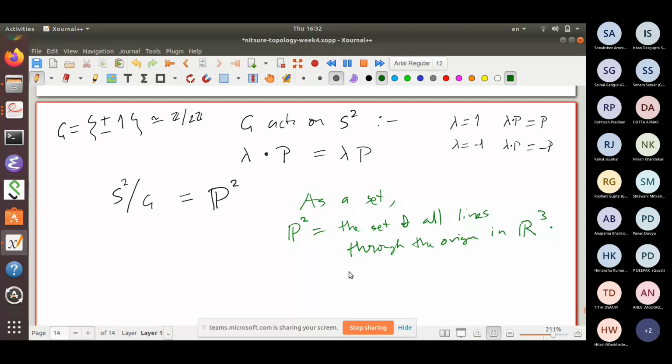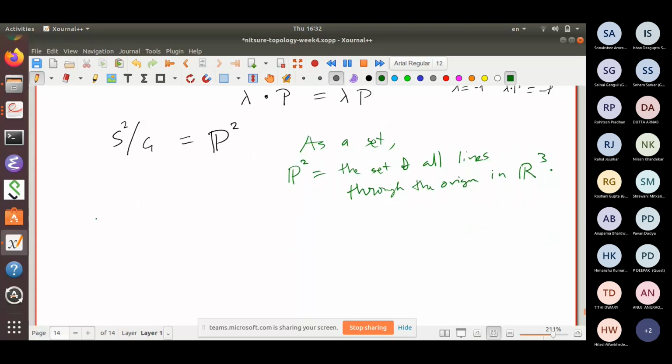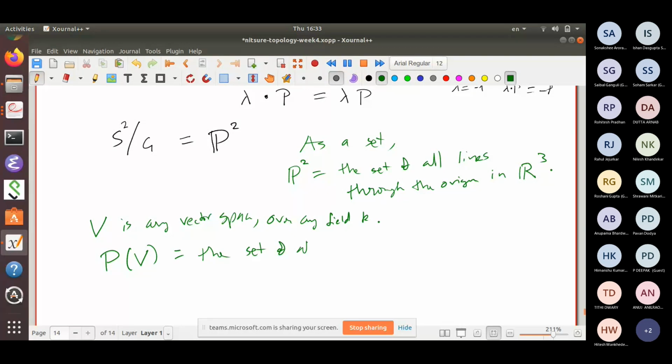This you can do with any vector space. Given any vector space V over any field, you take P of V to be the set of all one-dimensional linear subspaces L of V. Here we are talking of an arbitrary field.